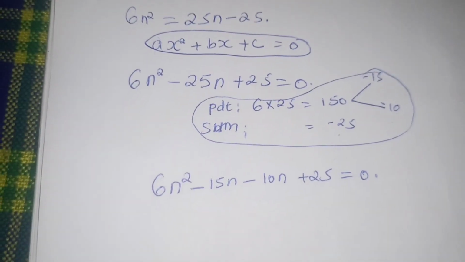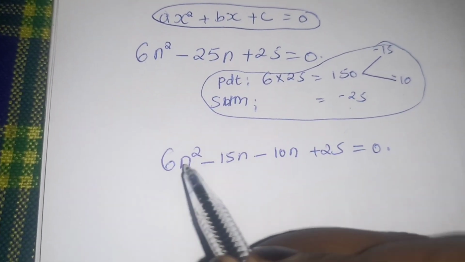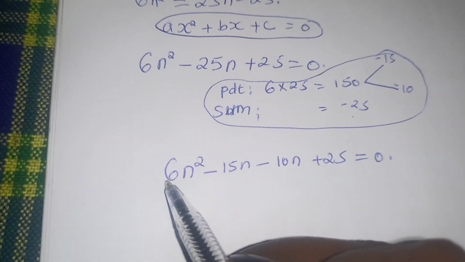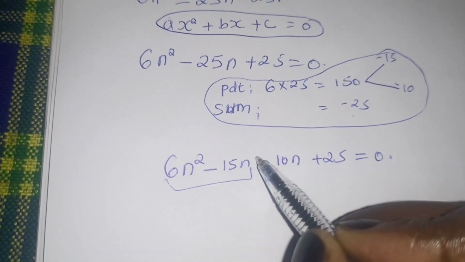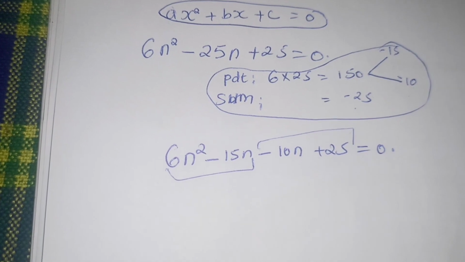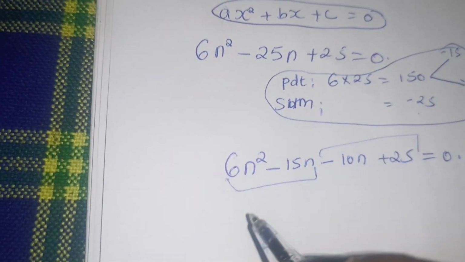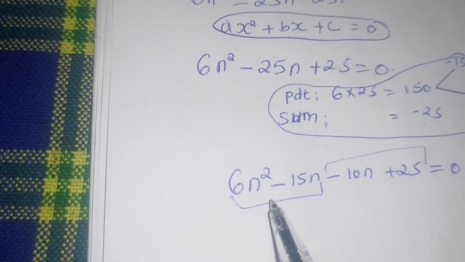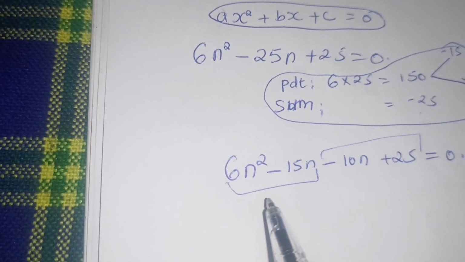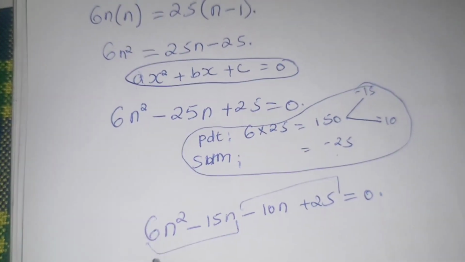Next, in pairs, in groups of 2. So we have that one as our first pair, and another pair here. Now in each pair, you factor out the common.